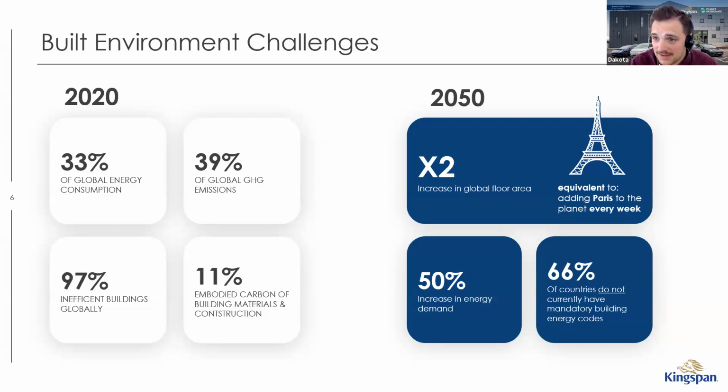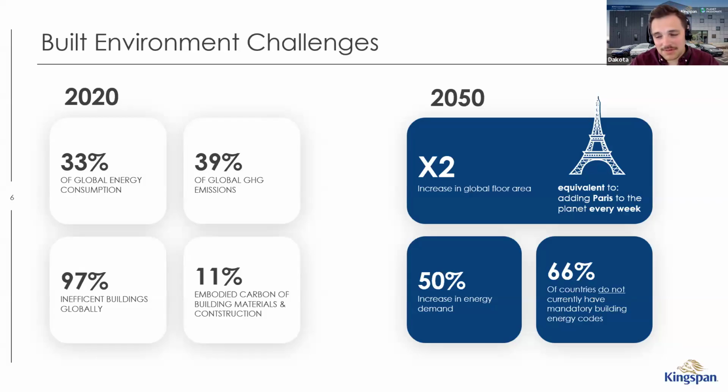It's a lot of energy that we're taking up to maintain what we have and expand what we're wanting to build. Additionally, about 40% of all greenhouse gas emissions, making us one of the largest contributors of those as well, are also produced by the designers, the architects, the engineers, the manufacturers, putting that pollution into the air, unfortunately. Now, despite these numbers being so high, only about 3% of our current building stock is considered efficient globally by today's standards.